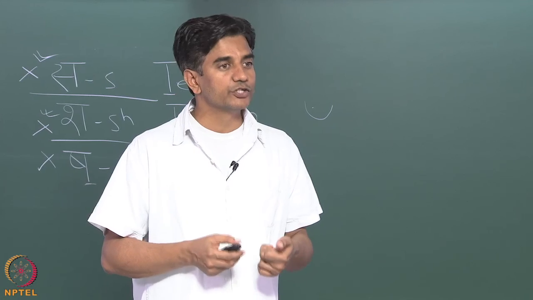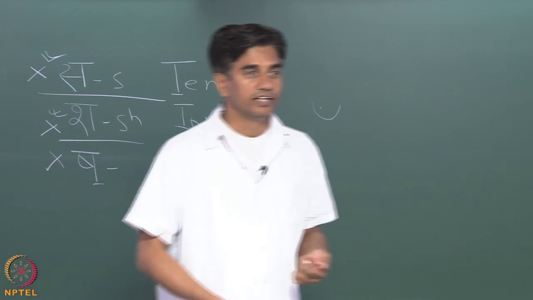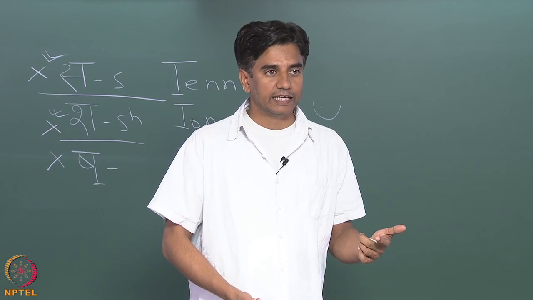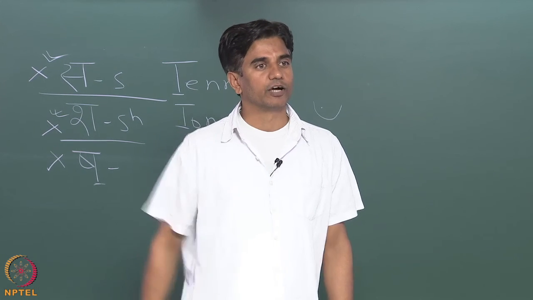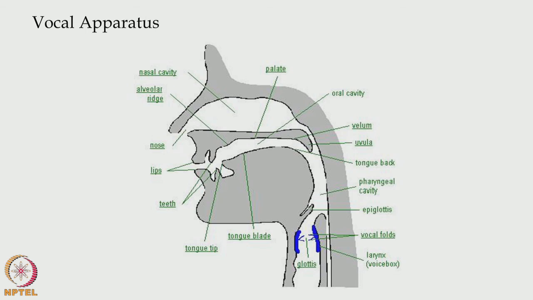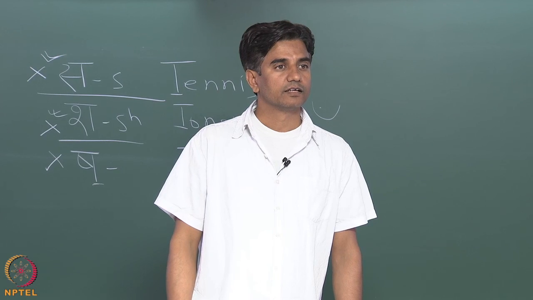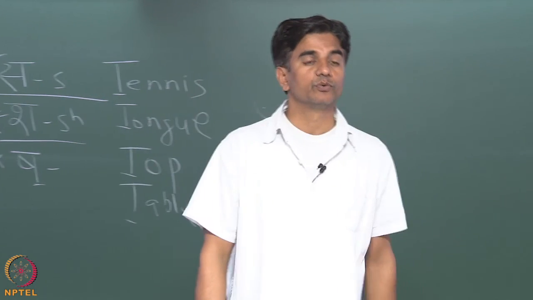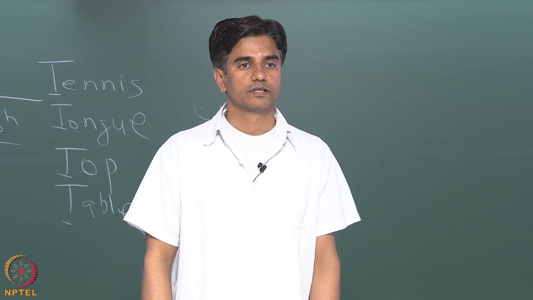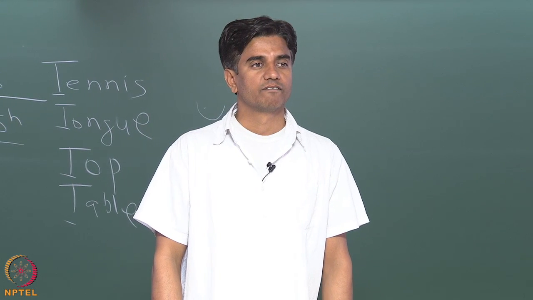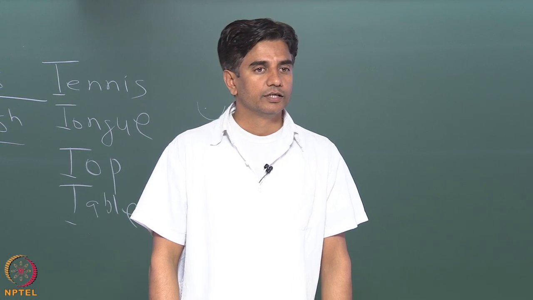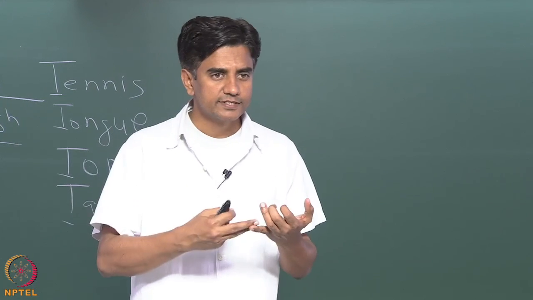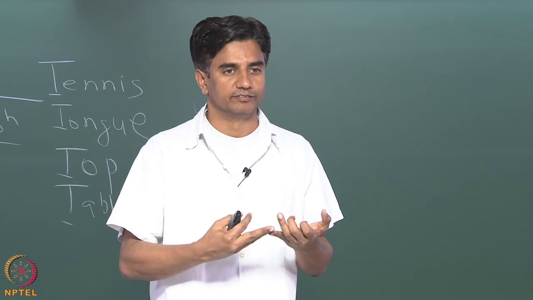And that's going to be another place of articulation, another type of sound in this vocal apparatus, right? So, lower lip and upper teeth. So, what will be the sound? Simple, lips and teeth, labiodental.